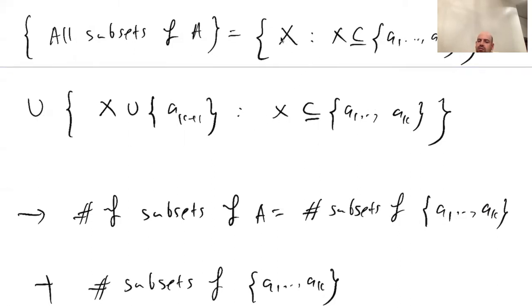So the number of elements in A union B is the number of elements in A plus the number of elements in B. Now, how many elements do we have in this set B?